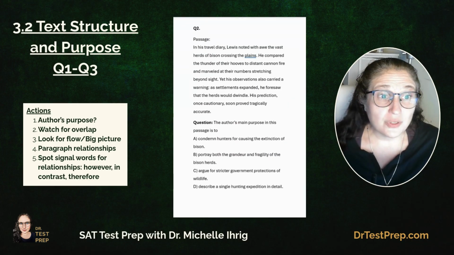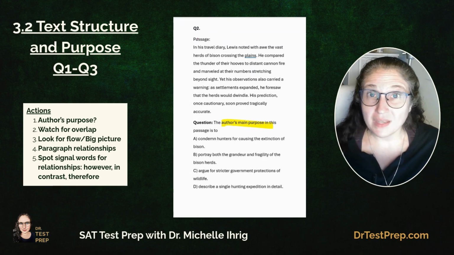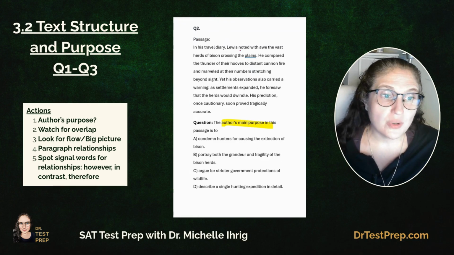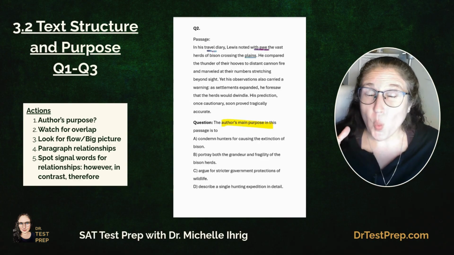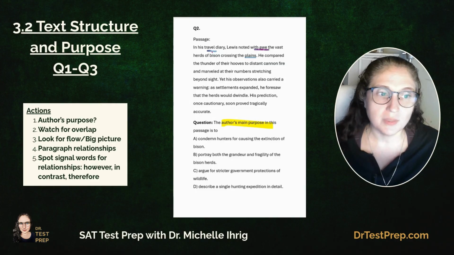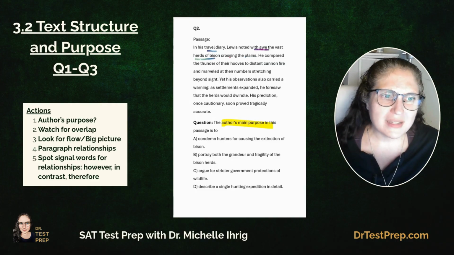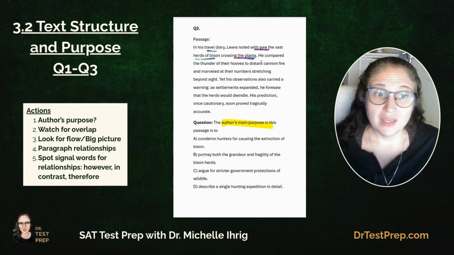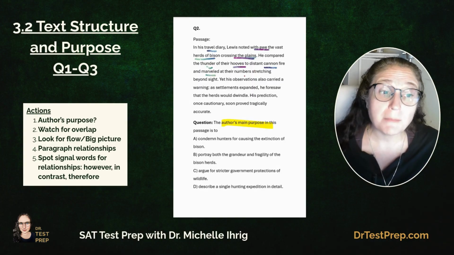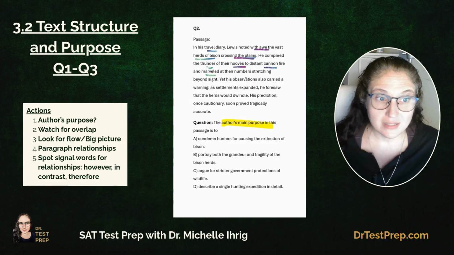Looking at number 2, here we're looking at the main purpose of the passage again. In his travel diary, Lewis noted awe. So we know we're talking about someone who travels. Awe, like, whoa, awesome. The vast herds of bison crossing the plains. He compared the thunder of their hooves to distant cannon fire and marveled at their numbers stretching beyond sight.